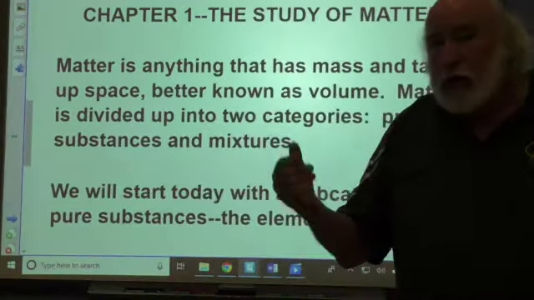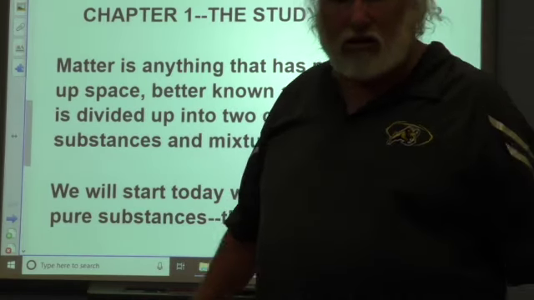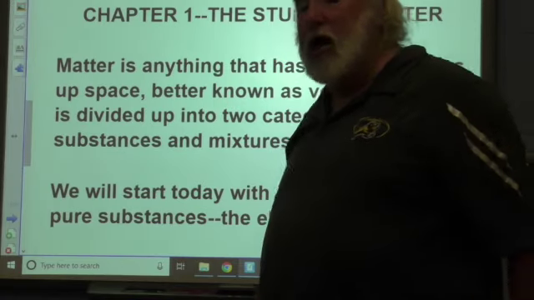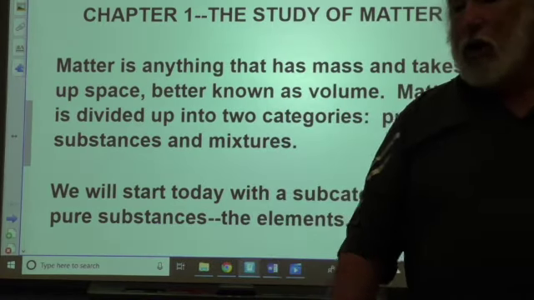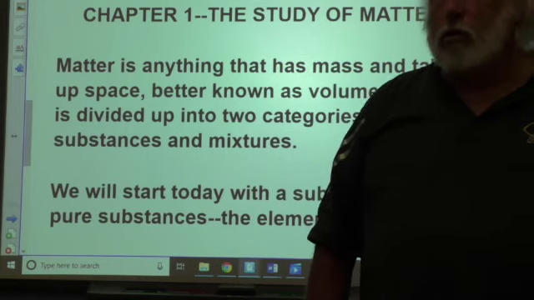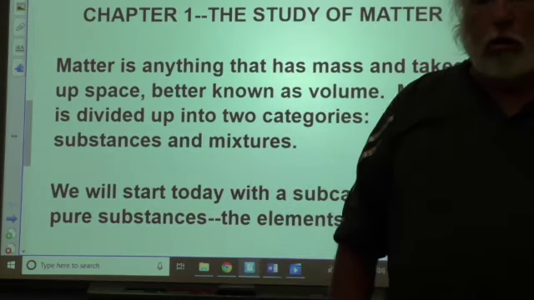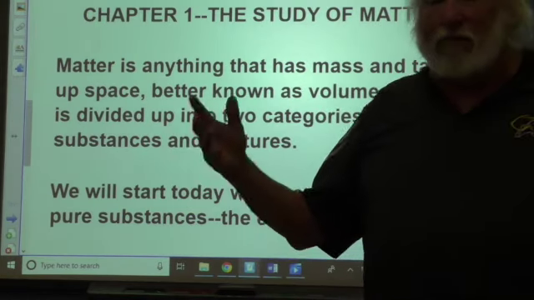Air is matter. Well, how do you know air has mass? Well, the way you find out is if you fill a balloon up with helium and then let it go. Why does it go up? Why does it not just drop to the ground like a trash can? Well, you say it's lighter than air. What does that mean?